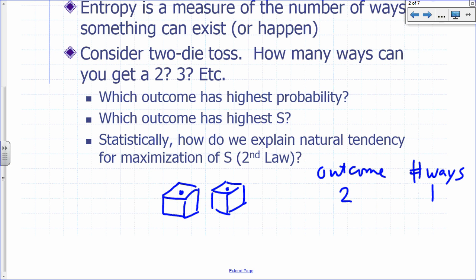How many ways can you get an outcome of 3? You can have 1 plus 2, or you can have 2 plus 1. There's 2 ways. How many ways can you get an outcome of 4?